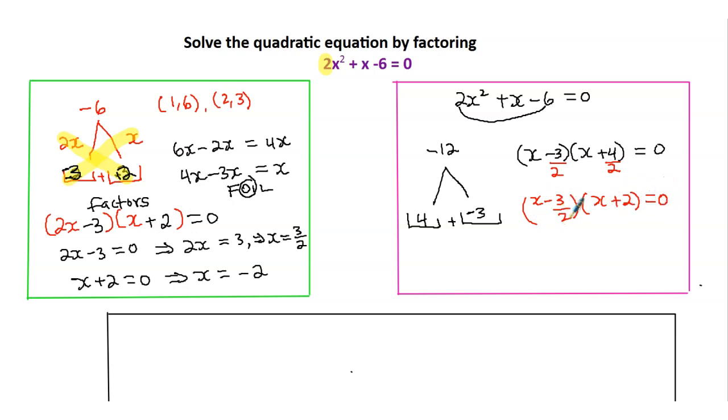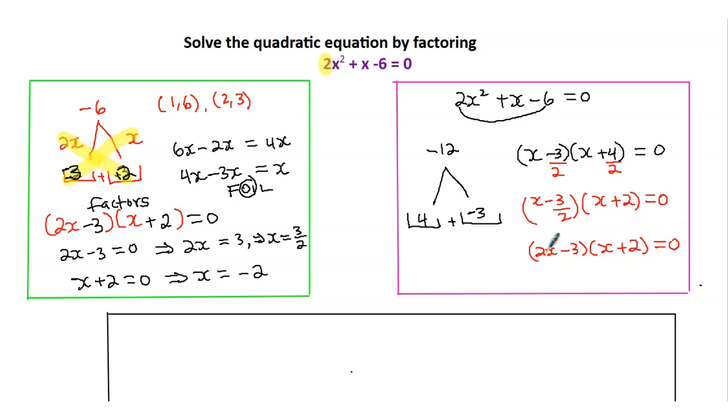When you're factoring, we don't keep a fraction, so this one is dividing, so you're going to multiply this first bracket by 2. So what is going to happen is that you multiply this to that, you will get 2x, and here you multiply this by 2, the 2 will go away, so you will get this. This one is already a whole number, so you don't do anything with it.